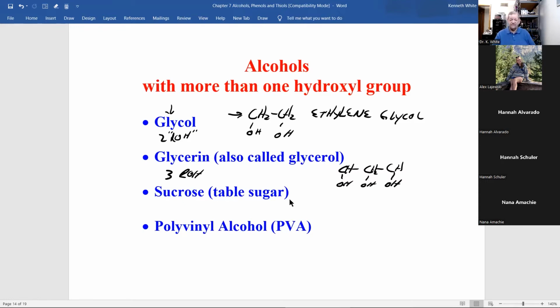And this your body makes when you break down a fat or oil. Also, I worked for a company that made glycerin. I'll talk more about it. And we sold it to places like cosmetic companies. And another thing that it's used for is it's one of the molecules for humectant. Now, humectant is something that keeps water in something by hydrogen bonding.